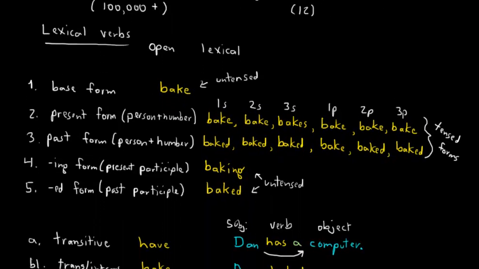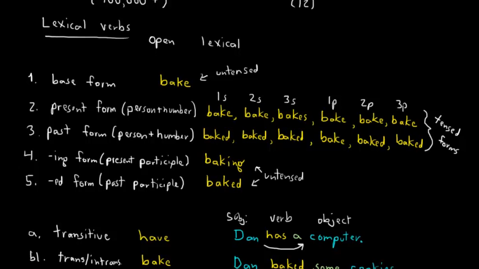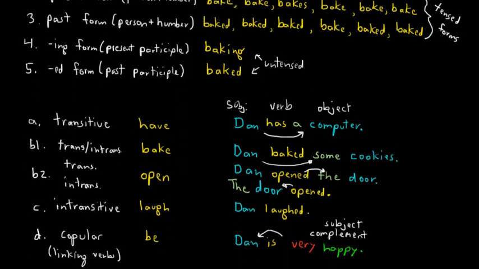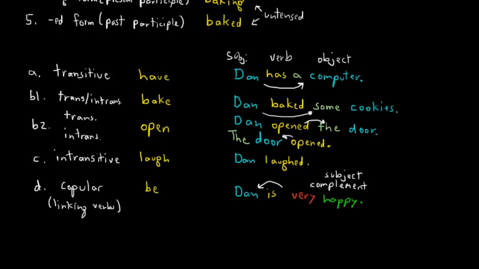The lexical verbs are verbs that relate to the real world. We talked about the 5 forms that a given lexical verb can take, and we talked about, again, depending on how you count them, the 4 or 5 types: transitive, intransitive, copular, or some combination.